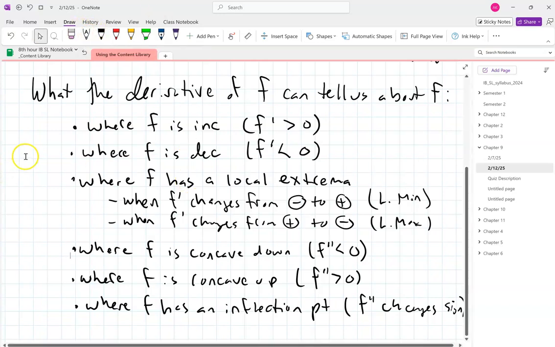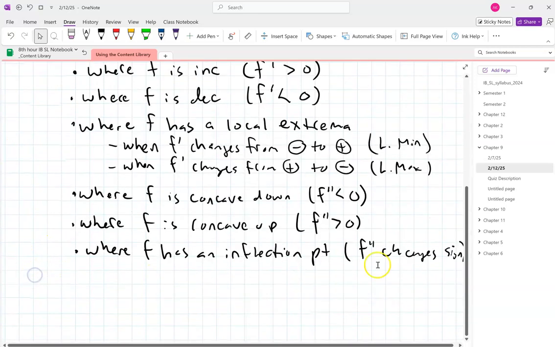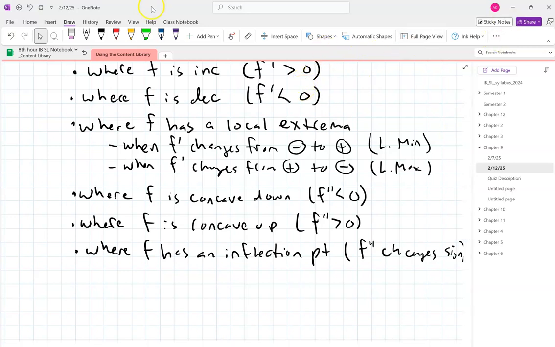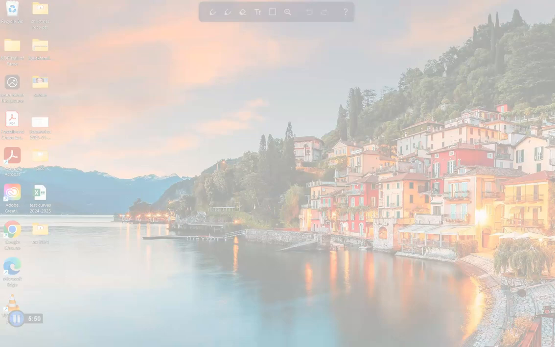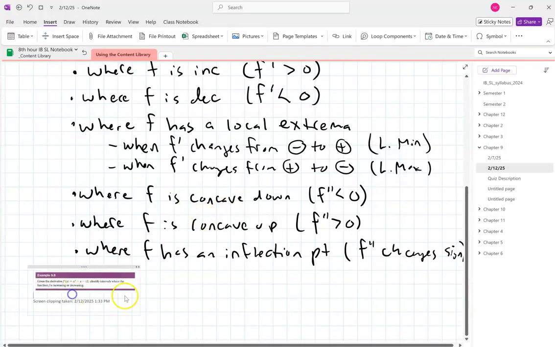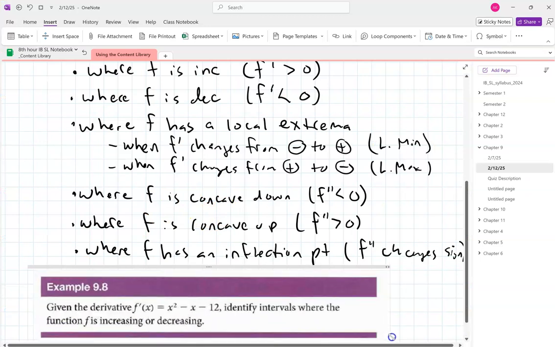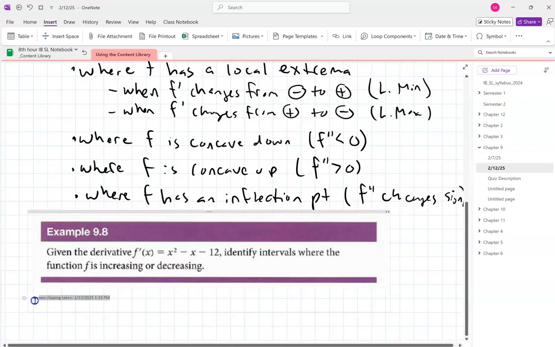Let's do some computational examples now to practice.